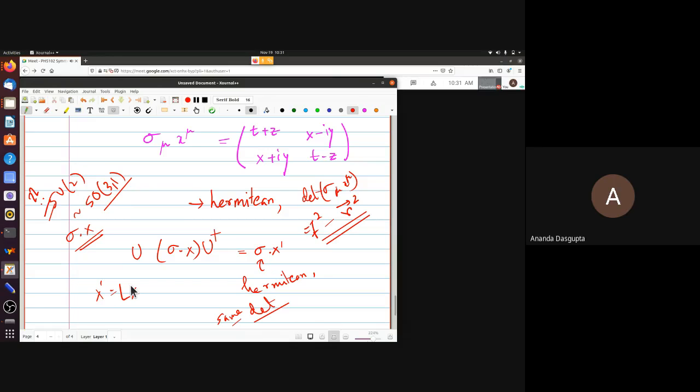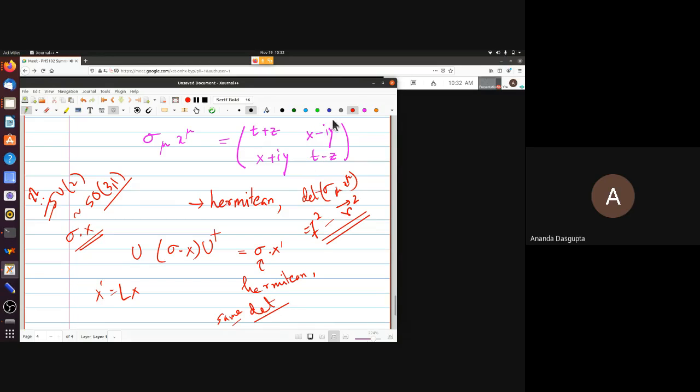Of course, I skipped a step, which was Hermitian, any Hermitian matrix. By the way, this sigma dot x of this kind, sigma 0 x0 plus sigma 1 x1 plus sigma 2 x2 plus sigma 3 x3, is a generic form for any 2x2 Hermitian matrix. Every 2x2 Hermitian matrix can be written down like this. That is sort of easy to see, right?